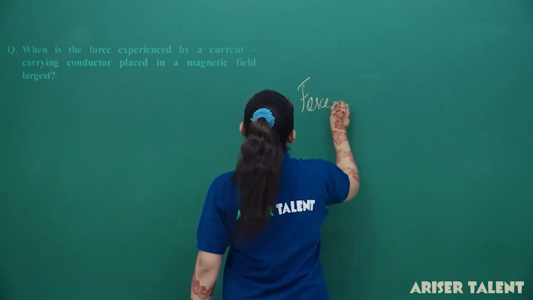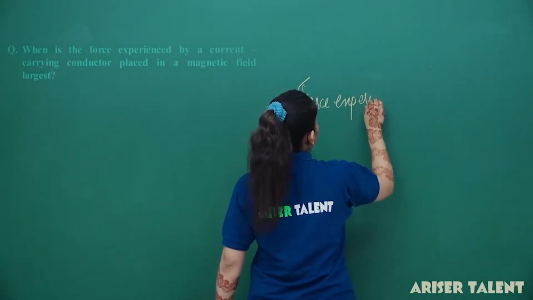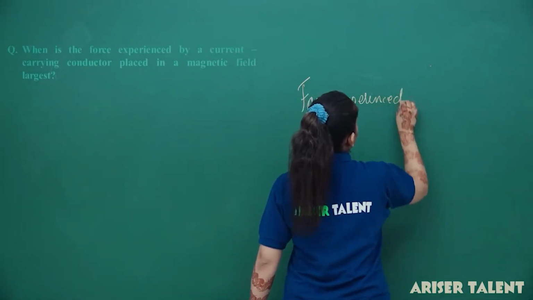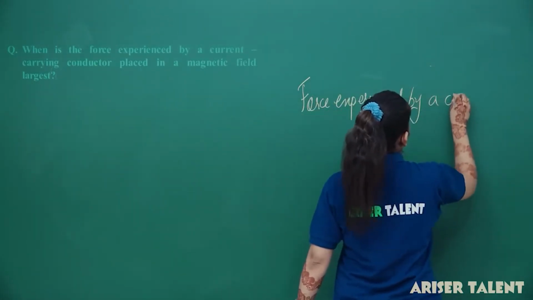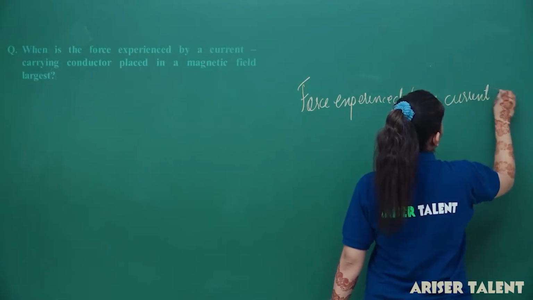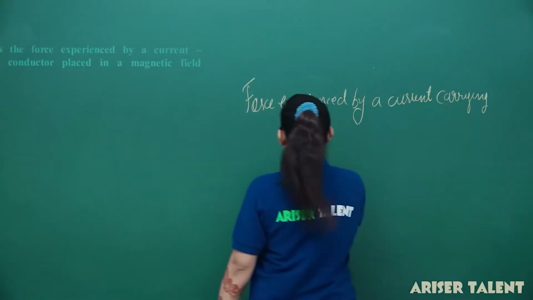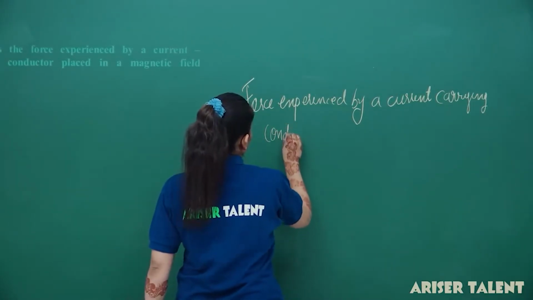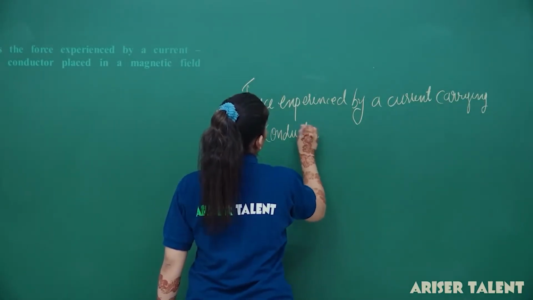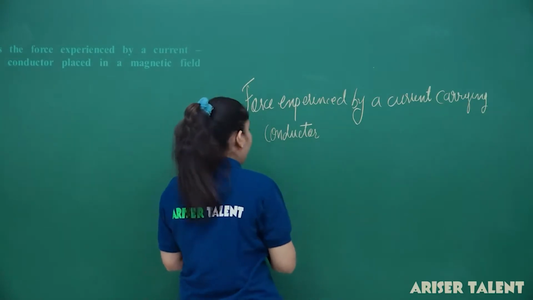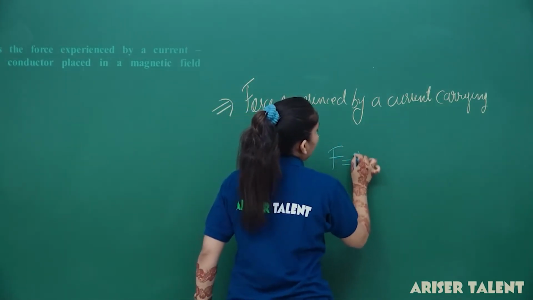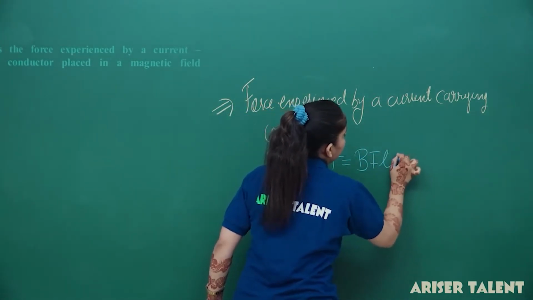Force experienced by a current carrying conductor will be given by the formula BIL sin theta.